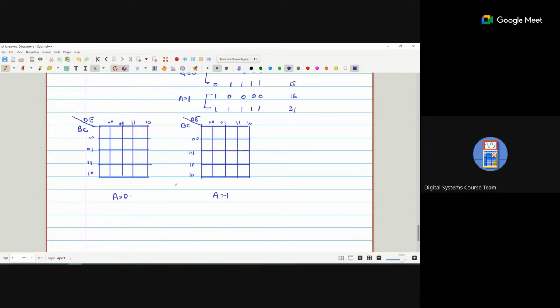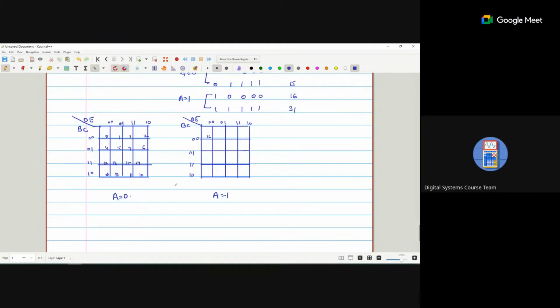Now similarly, it is 0, 1, 3, 2, 4, 5, 7, 6, 8, 9, 11, 10, 12, 13, 15, 14.